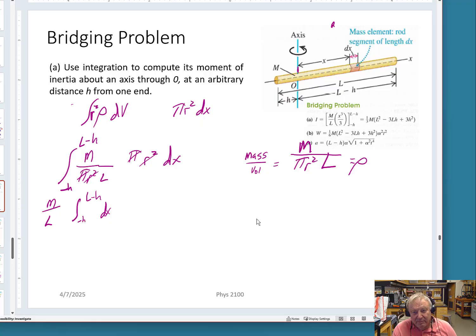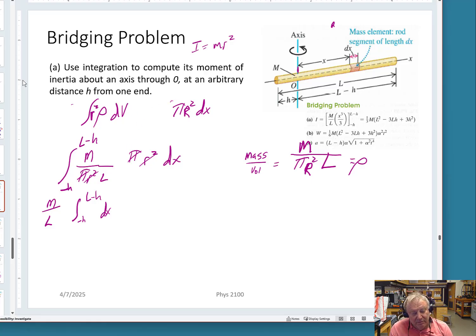That would be capital R. I better pause this. I always mix up 1/2 I omega squared with M R squared. So I is equal to M R squared in its simplest form.